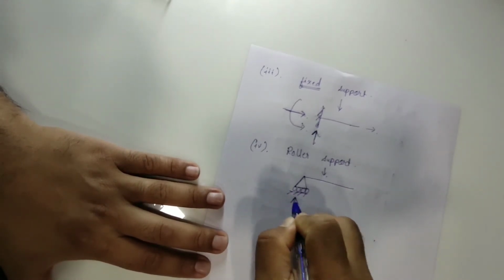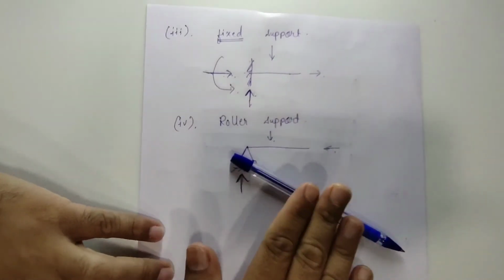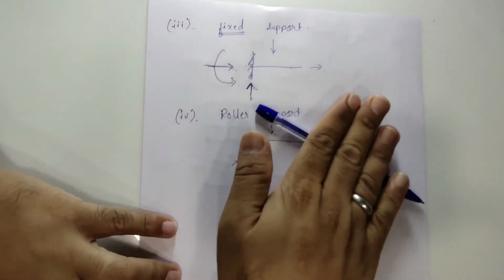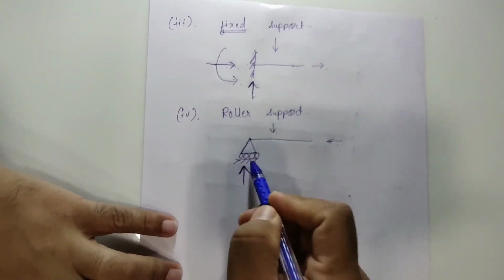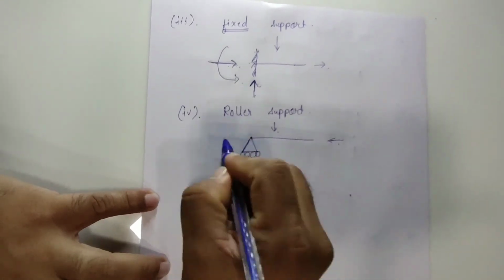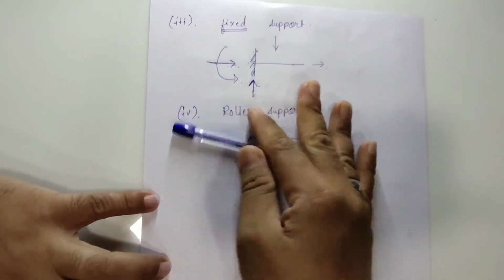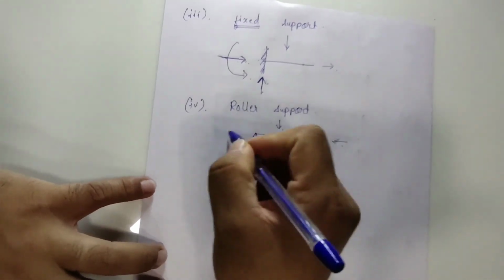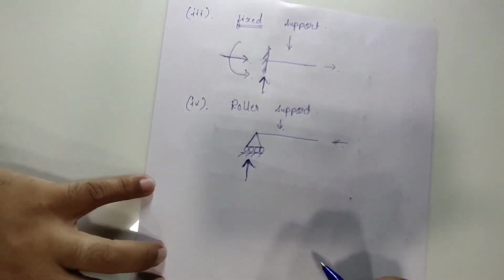So vertical load it can sustain. But if I am applying the horizontal load on this beam, it is going to roll over the span, so it cannot take the horizontal load. And if I am applying a rotational force also, it is not going to take the rotational also. So this type of support generates only one reaction, that is the vertical reaction.